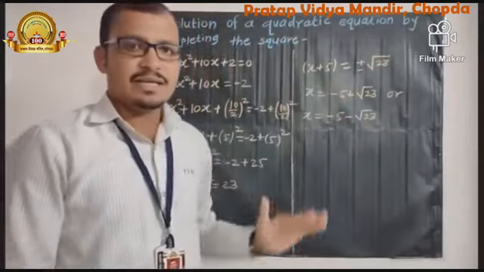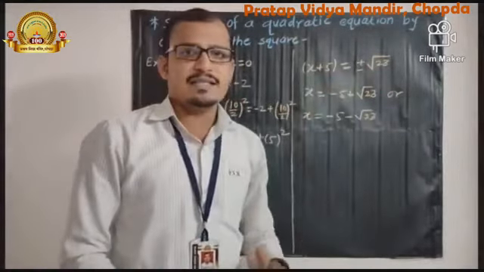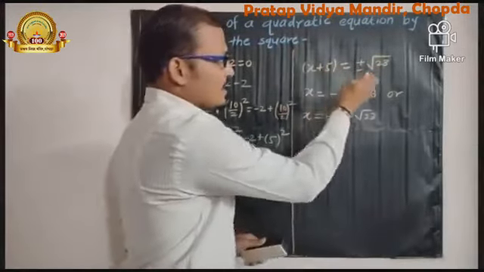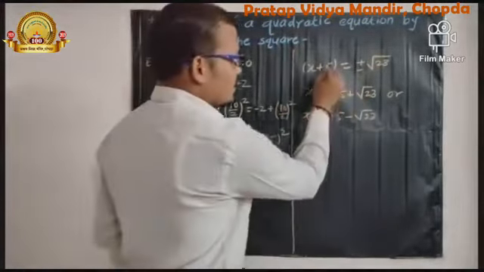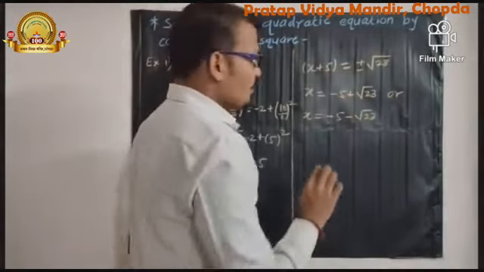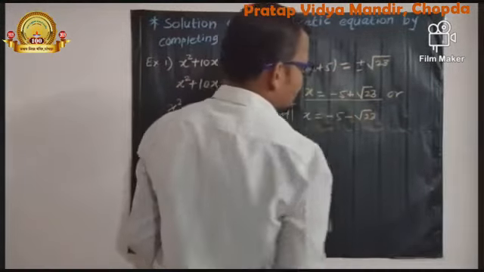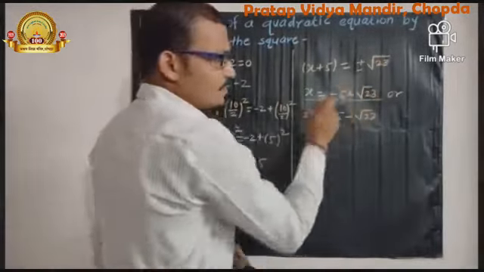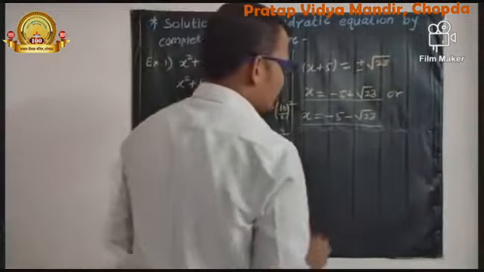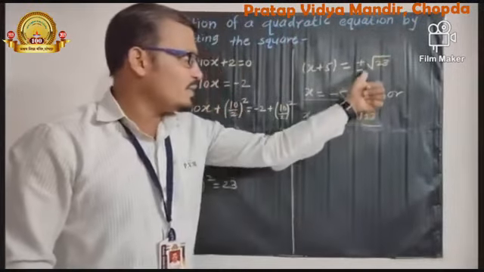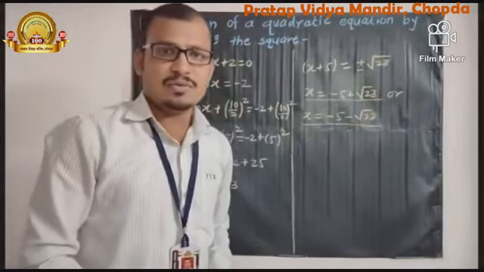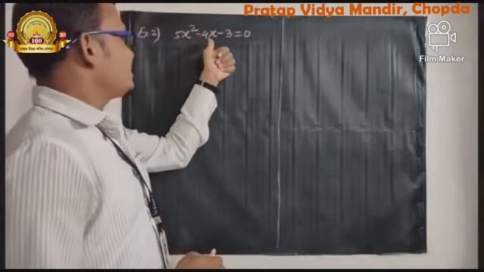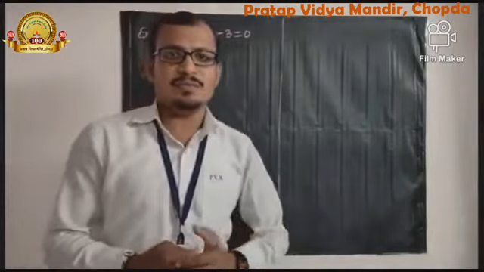Because when we shift any term from LHS to RHS, its sign changes, so this plus 5 becomes minus 5, and hence we get the two solutions here. x is equal to minus 5 plus under root 23, and second one is x is equal to minus 5 minus under root 23. Then our next example is 5x square minus 4x minus 3 is equal to 0.